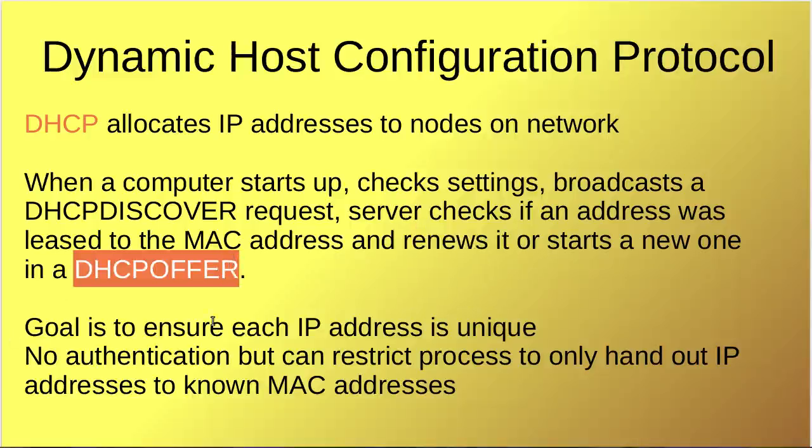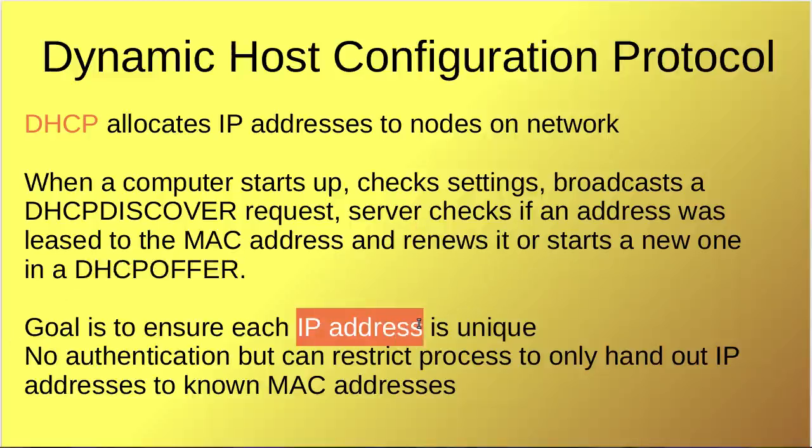The goal of DHCP is to ensure that each IP address is unique. So on any network, there's only one machine with one particular IP address. You should not be able to have two machines with the same IP address on that local area network. There's no authentication in this case, but there are ways to restrict this process to hand out IP addresses to only known MAC addresses.